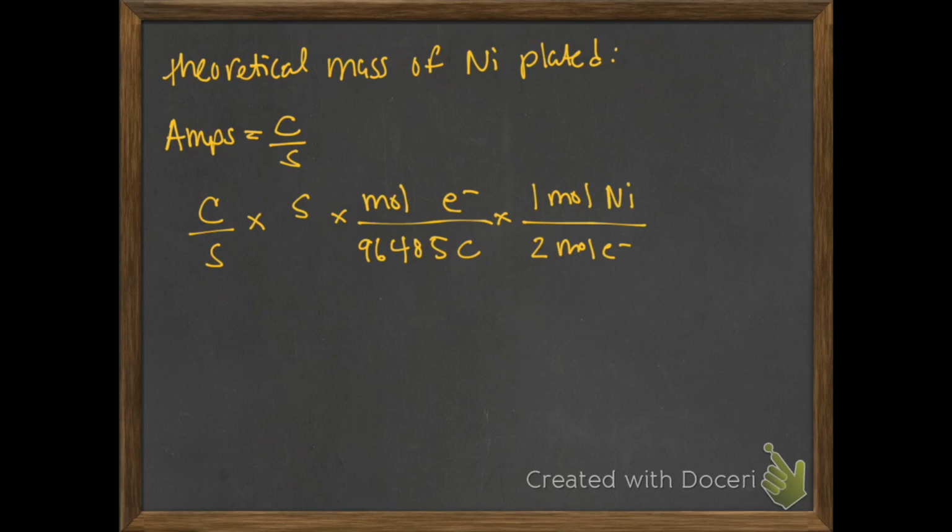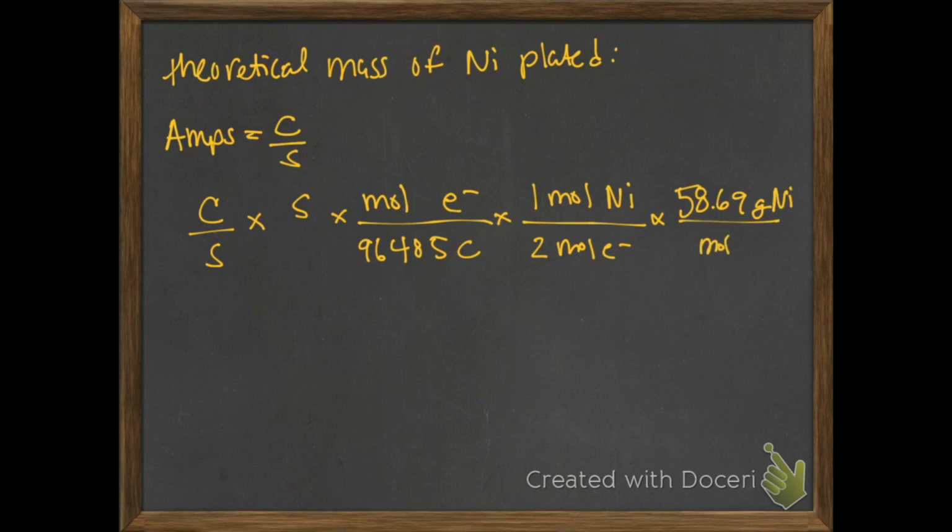And then, of course, we can multiply by the molar mass of nickel to get the mass of nickel that should be theoretically plated. So the molar mass of nickel is 58.69 grams per mole.